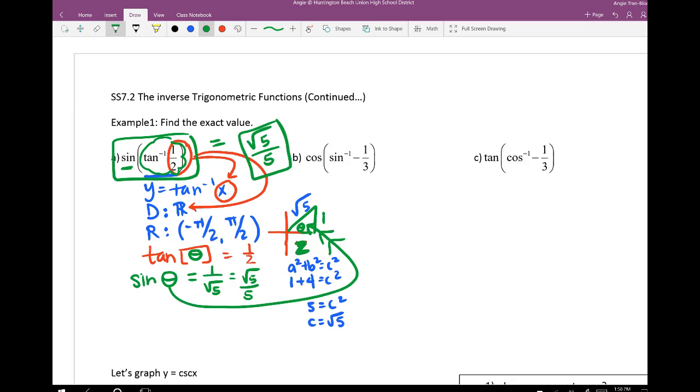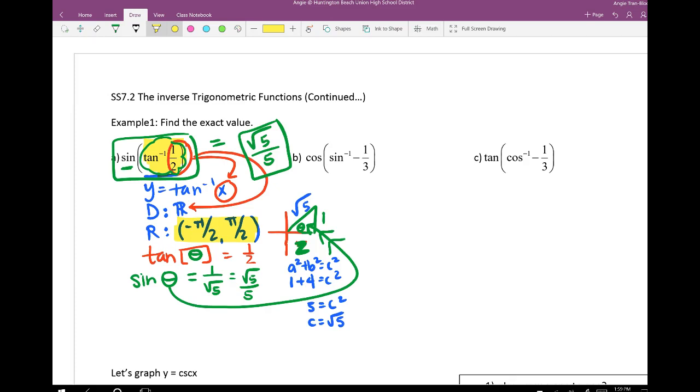Okay. So what's different from this example to the ones we did in 7.1? In this example, when you're looking at the inner component, it will no longer give you an angle that you know from the unit circle. But that doesn't mean you can't find an answer.